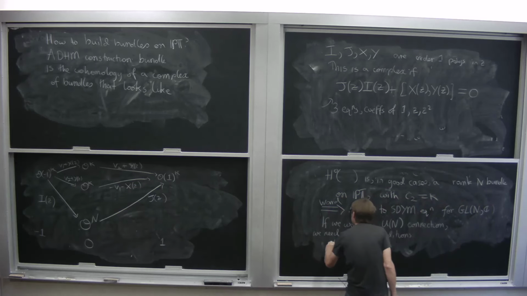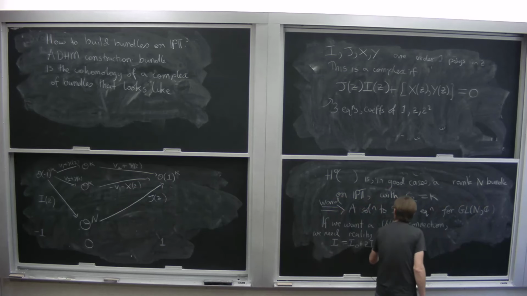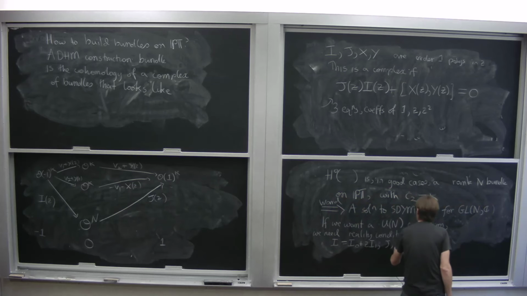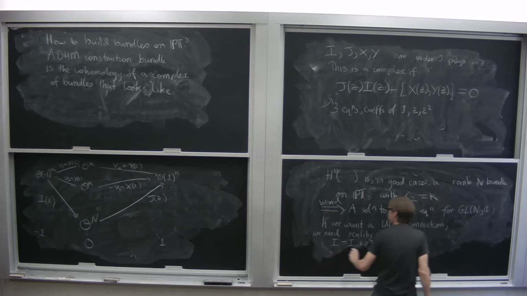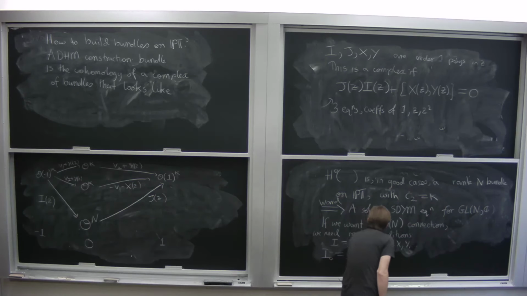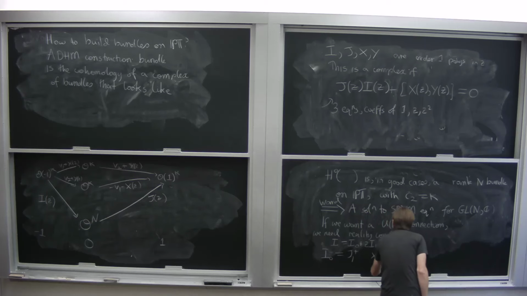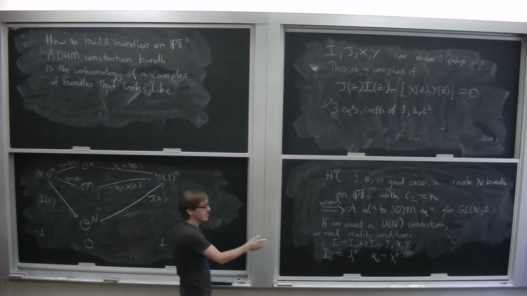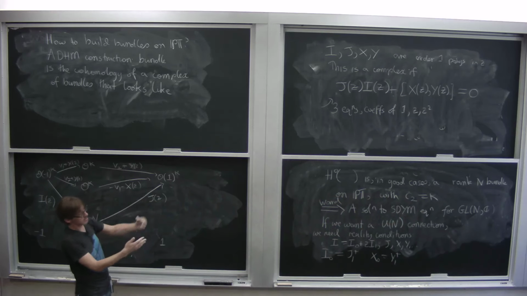So for example, if I expand I as I0 plus Z I1, similarly for J, X, and Y, the kind of thing you might want is like I0 is J1 dagger, X0 is Y1 dagger, this kind of thing. I forget the details, but there's some condition that some components are the Hermitian conjugates of some other components.